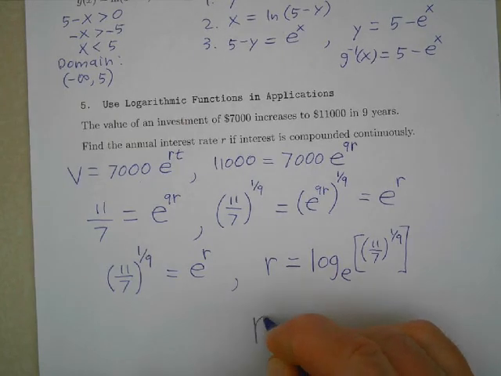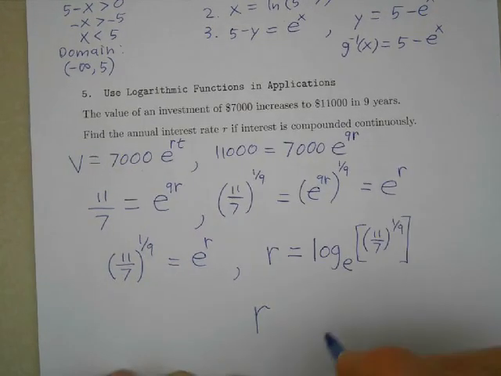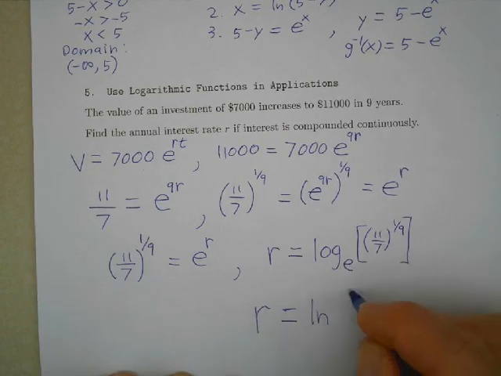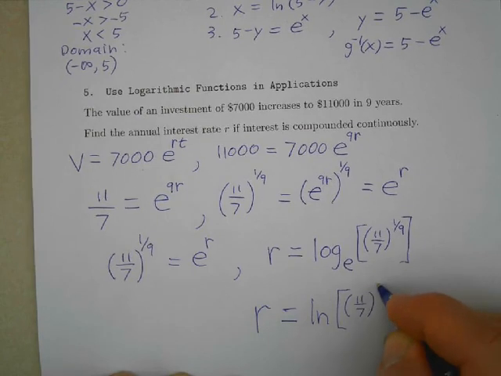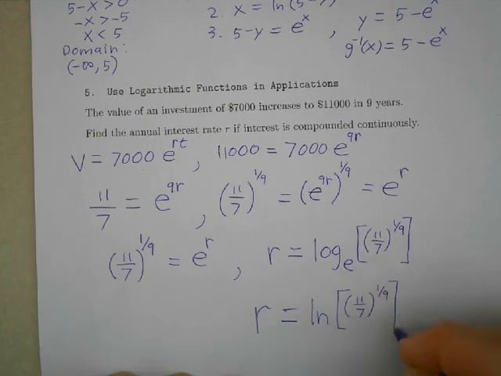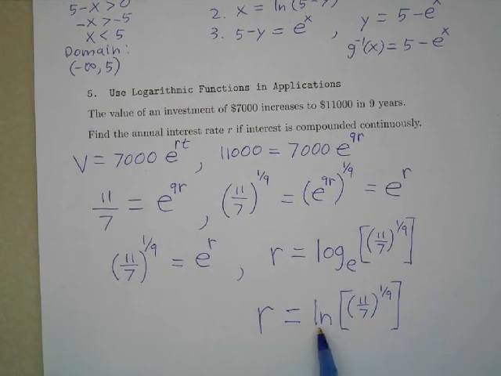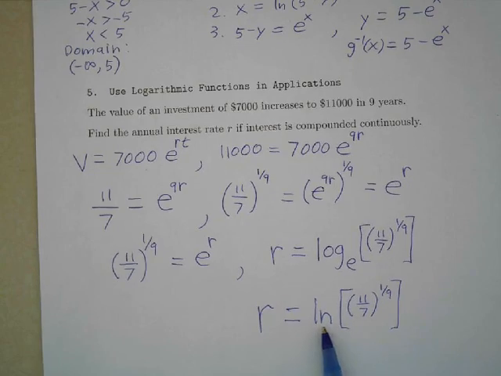So I'll just go ahead and write it using the natural log. r is equal to the natural log of this number, 11 sevenths to the 1/9. And you probably have a high-powered calculator with the natural log function on it. It's just a key with ln.